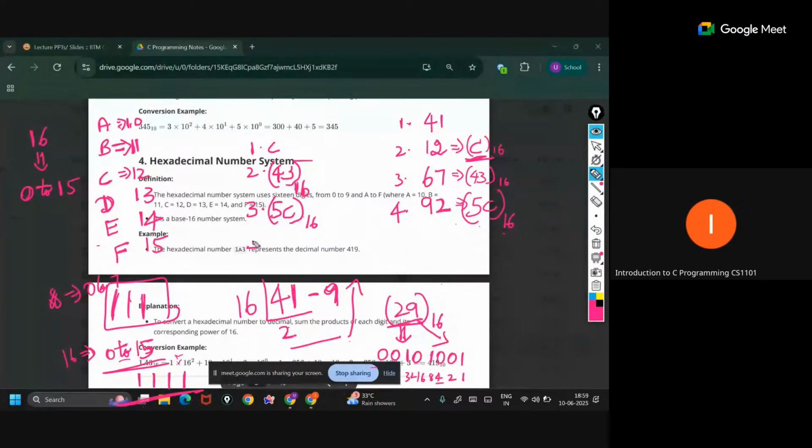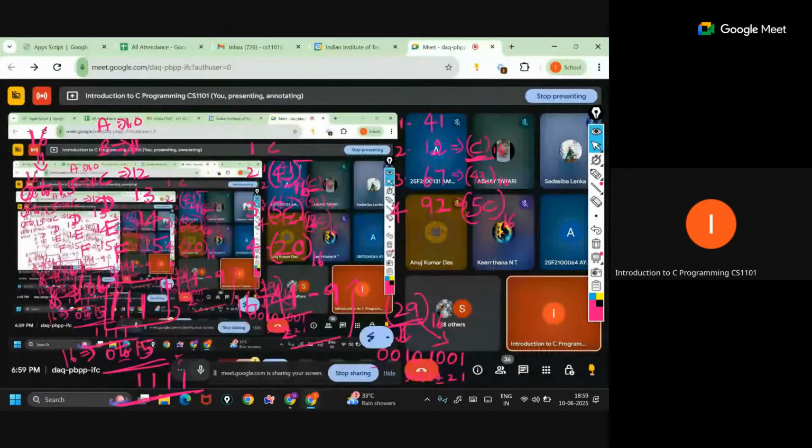And the next number is 20 to the base of 16. Can you all try this number, people? I'll just give 3 minutes again. Try completing it.